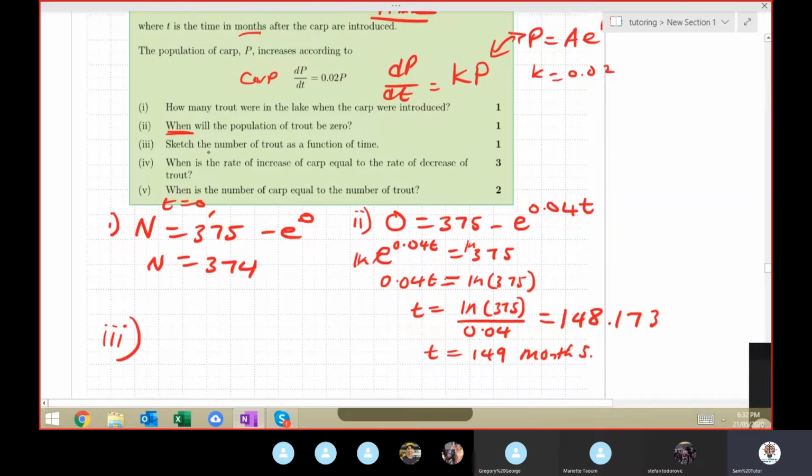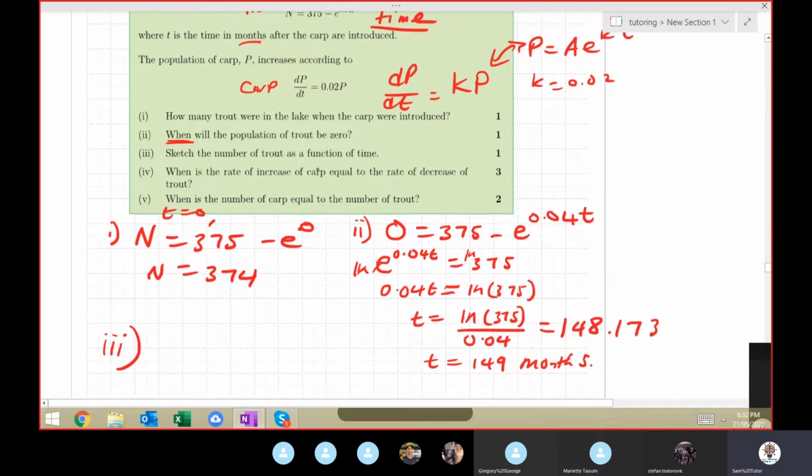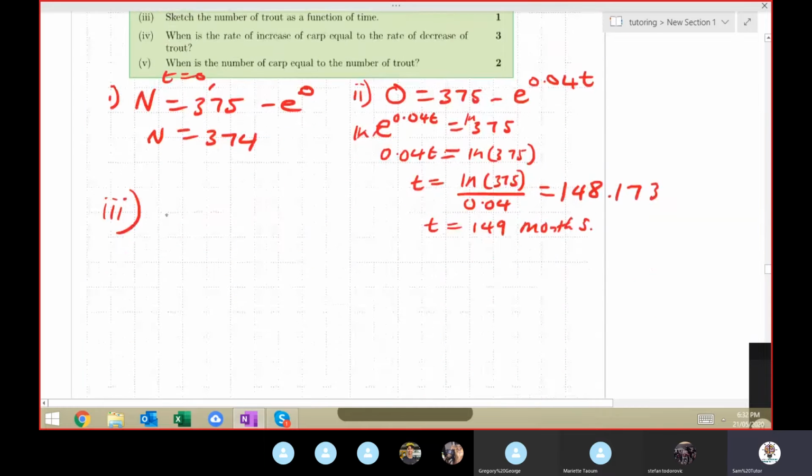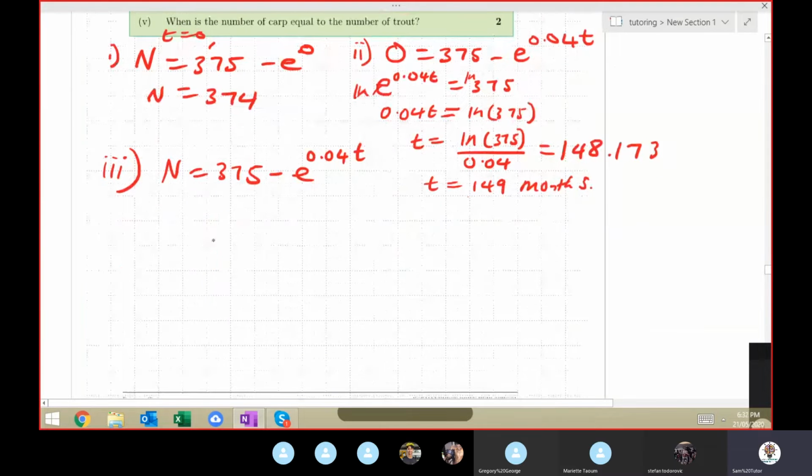Part III. Sketch the number of trout as a function of time. So sketch this. There's your x value and there's your y value.